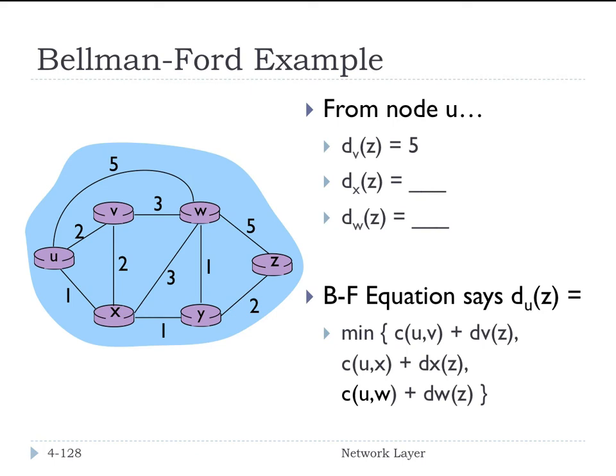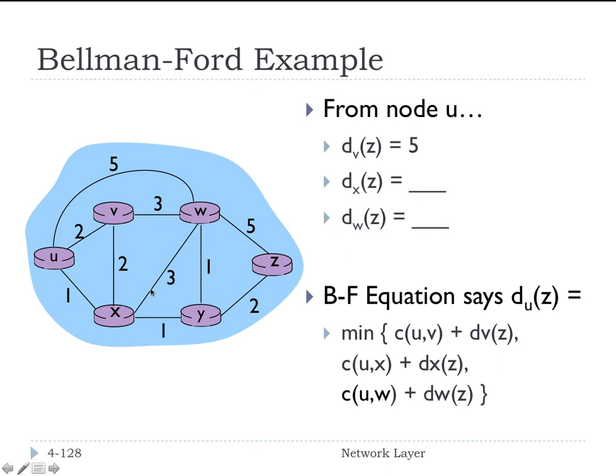Let's work with this notation a little bit more. The least cost path from v to z is 5, which is 2 plus 1 plus 2, this route. From x to z would be 1 plus 2? There's no better way of doing it than that. So that would be 3.